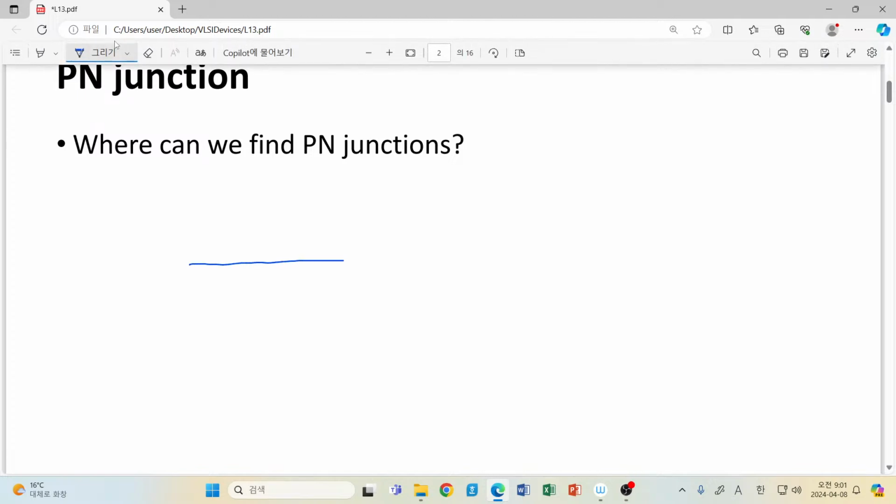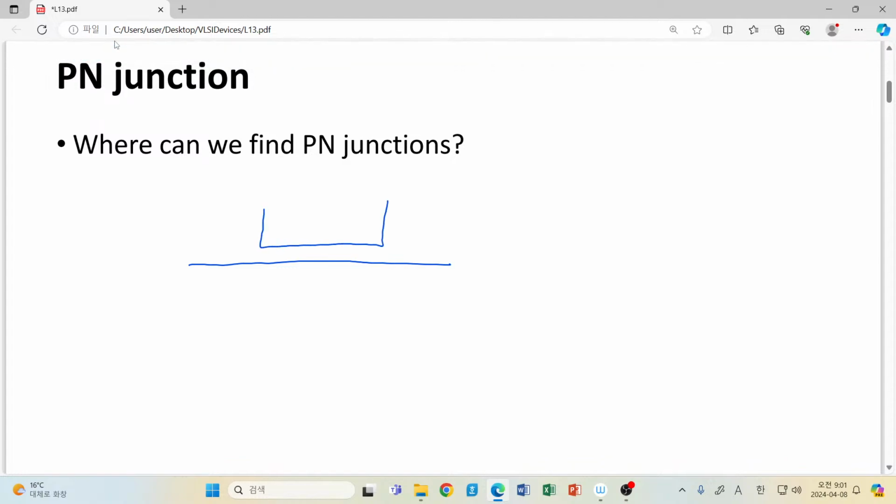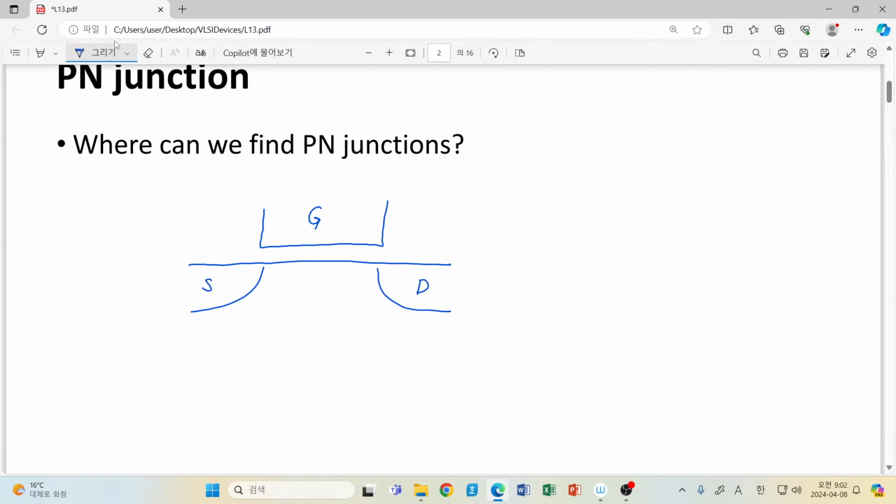So, let me draw a typical schematic. Here we have a gate, and here we have a source and drain, and here we have the contact, substrate.